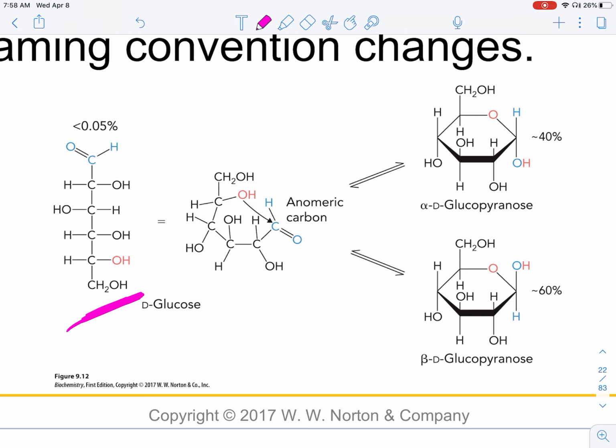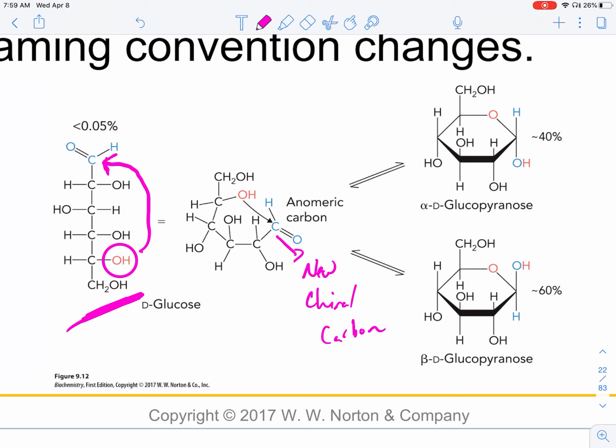And the way they form these rings is that this hydroxyl will link up with this carbonyl group. Now, when that happens, you actually form a new chiral carbon and we call that the anomeric carbon.